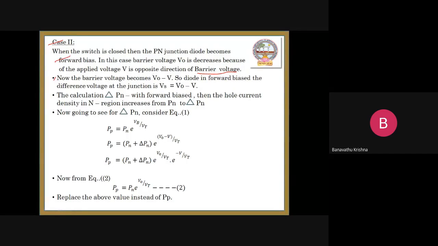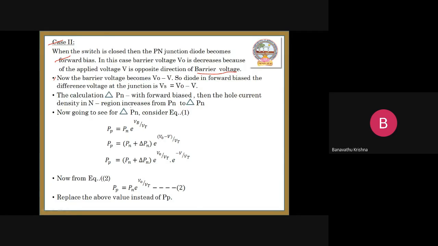So the difference voltage at the junction is VB equal to V0 minus V. This is the barrier voltage. Now calculate delta Pn, the change in density of holes with the forward bias. Then the hole density in the N region increases from Pn to Pn plus delta Pn.